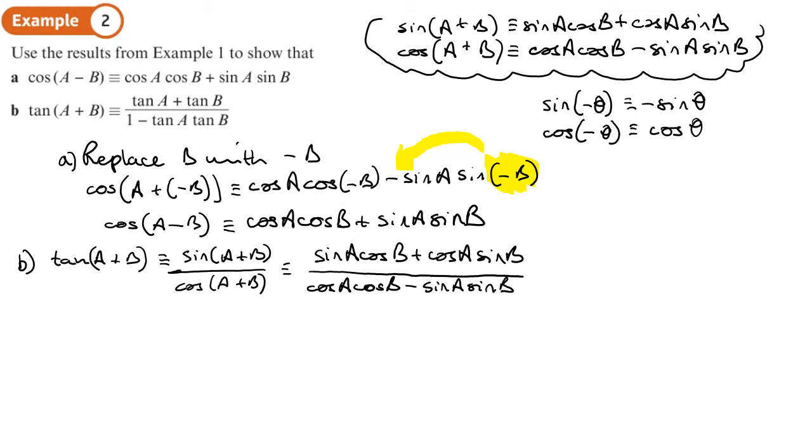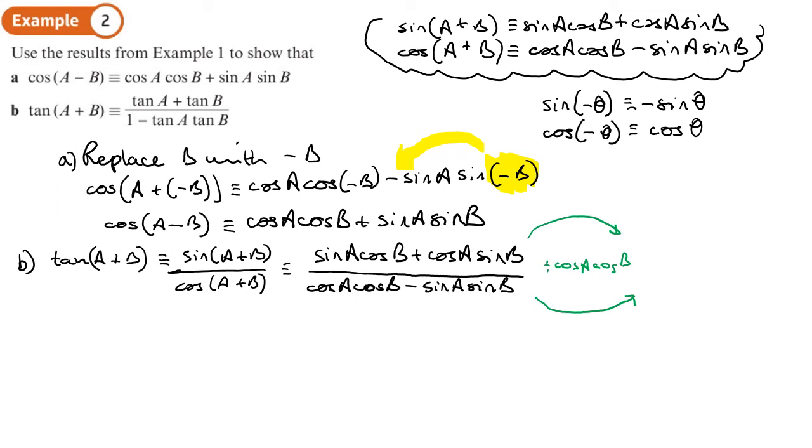Now the trick with this one, which may not necessarily be obvious, is to divide the top and the bottom by cos A cos B. Yeah, may not necessarily be obvious. That's what you do.